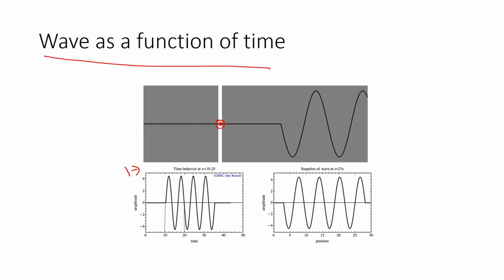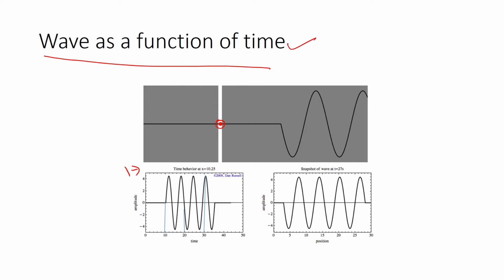At the 20th second, this is the intensity value as seen by the red dot, and at 30 seconds, this is the intensity value. So at different time instants, the same point is experiencing different values of intensity. Therefore, a wave is a function of time.